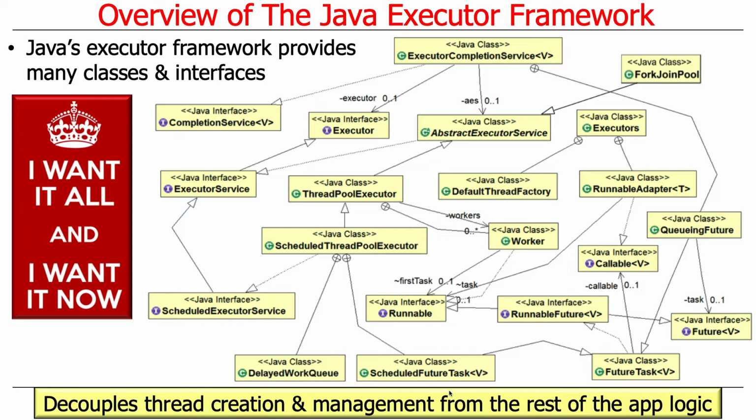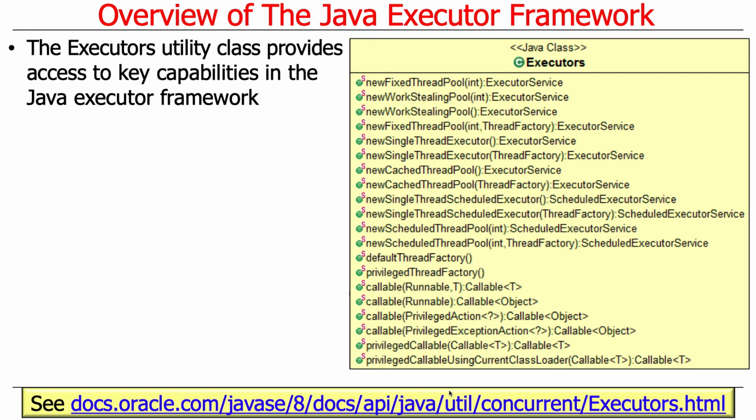You're letting the framework do the bulk of it for you. And another key thing we'll talk about is it also provides a bunch of thread pools. There's a utility class, I'll remind you in a second what a utility class is, that is used to get access to a lot of the capabilities that are part of the Java Executor framework. And it does it through a whole pile of factory methods that we'll talk about in a second.